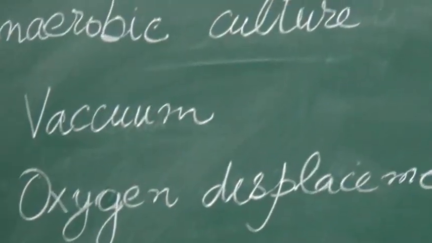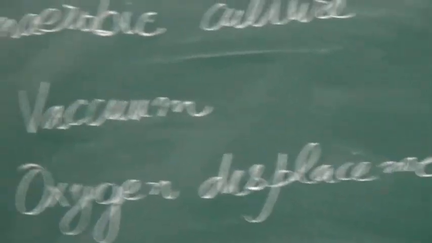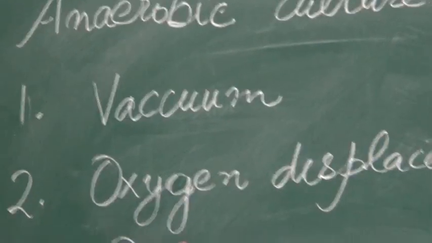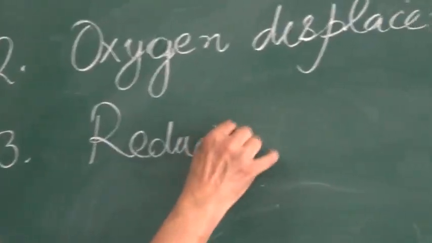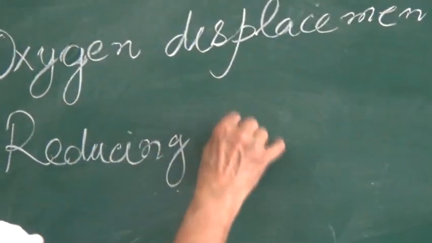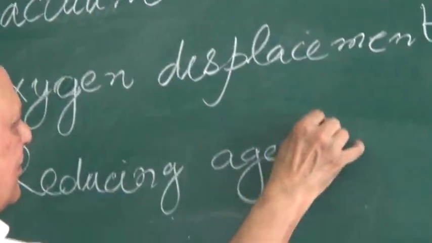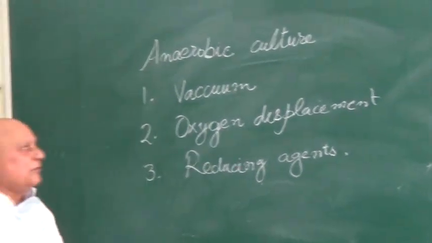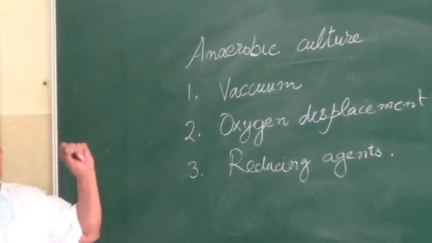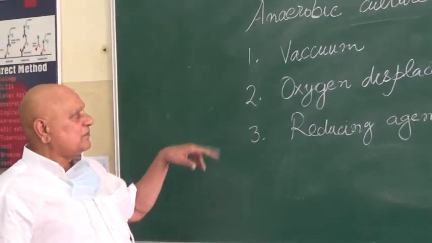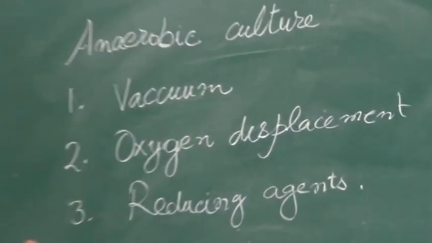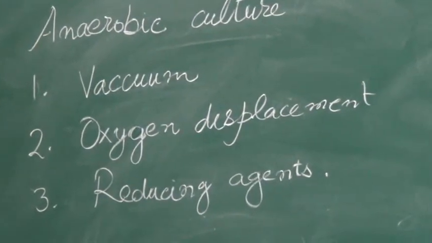And number three is by reducing agents. The vacuum method is done in the McIntosh and Fildes' jar. The oxygen displacement method is done by the gas pack jar.